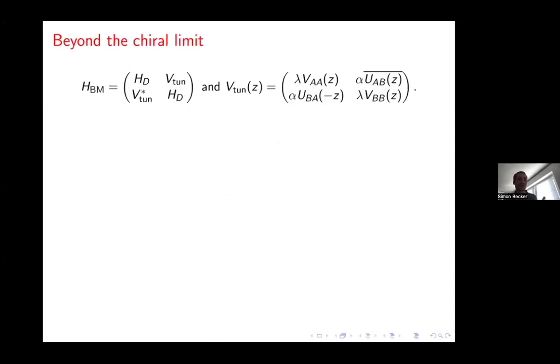I just briefly want to comment on what happens beyond this chiral model, since I've spent so much time on it. Remember that the chiral model meant that we don't have these regions of AA and BB interactions, right? So we put them equal to 0, because we say the other one is the more stable one, and that's okay, but maybe putting it equal to 0 is a strong assumption.